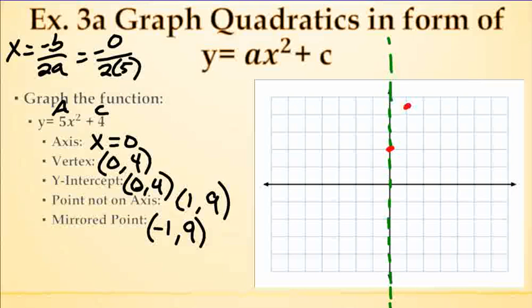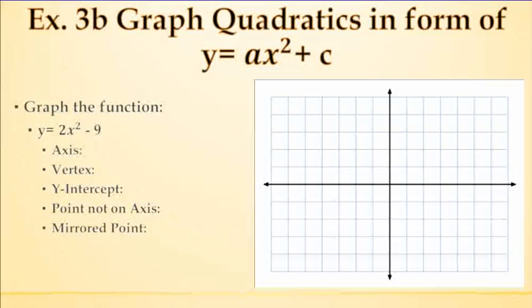So 9 would be here. Mirror that one. Negative 1 and 9 is here. Now I can draw my parabola. You can do 3b yourself for extra practice.